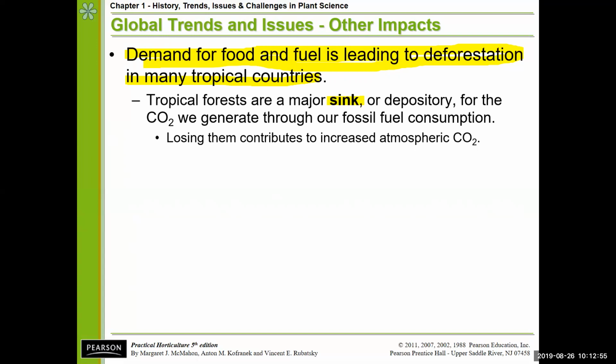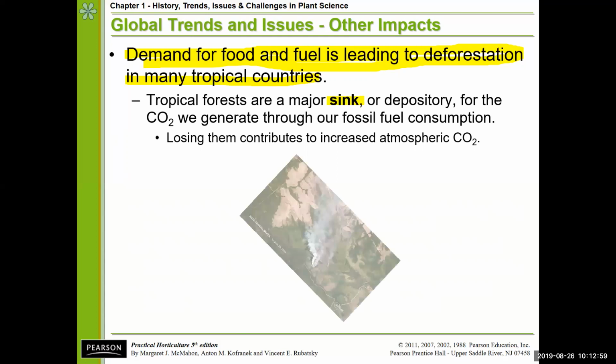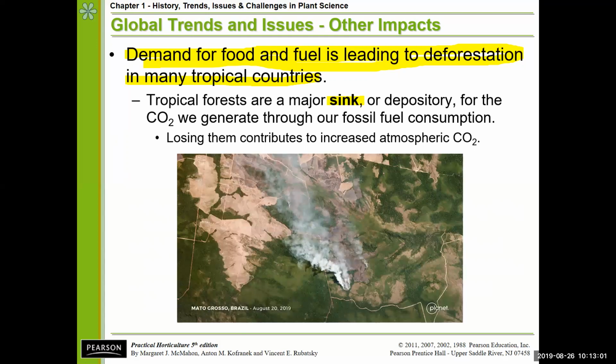When we remove those trees, and we take a look here at this satellite imagery just from the other day from Brazil, you can see that in the Amazon where these wildfires are burning, it started with a clearing of land. So they are still conducting slash and burn agriculture down there. And you see these cleared areas of land adjacent to these fires because that's where it started.